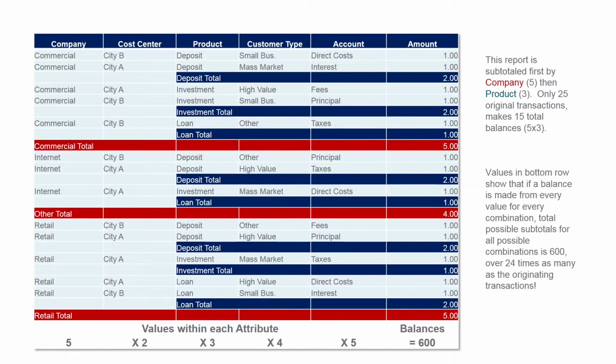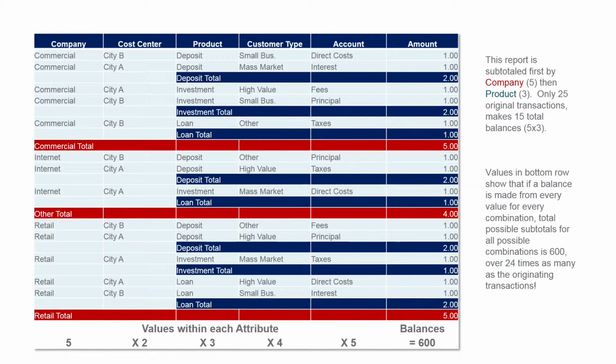Cost center can be 2 different things, city A and city B. Investment, deposits, and loans are 3 different kinds of things, and product, and so on and so forth. From these transactions we can create 600 different balances. Now, the number of transactions could be as small as 25, but we could make 600 different balance permutations off of those 25 transactions.